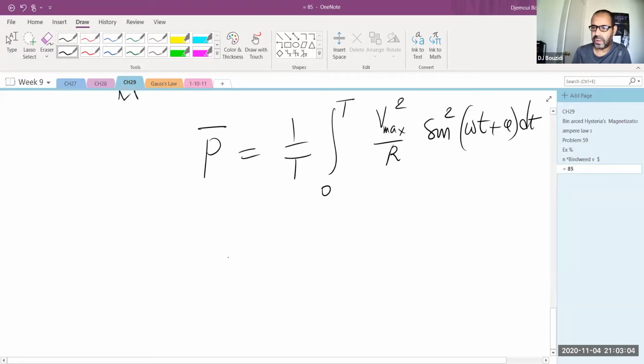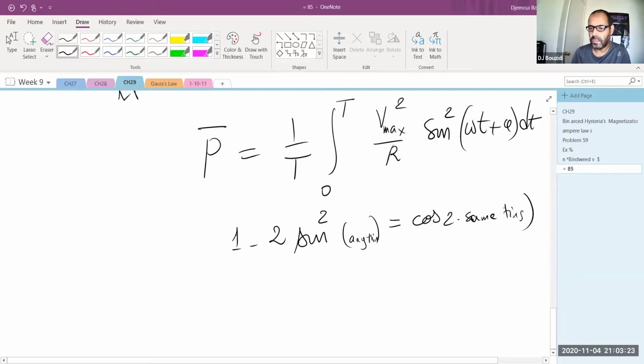We had it a long time ago, where 1 minus 2 times sine squared of anything is equal to cosine of twice that same thing. I'm going to apply it here where that thing happens to be omega t plus phi.